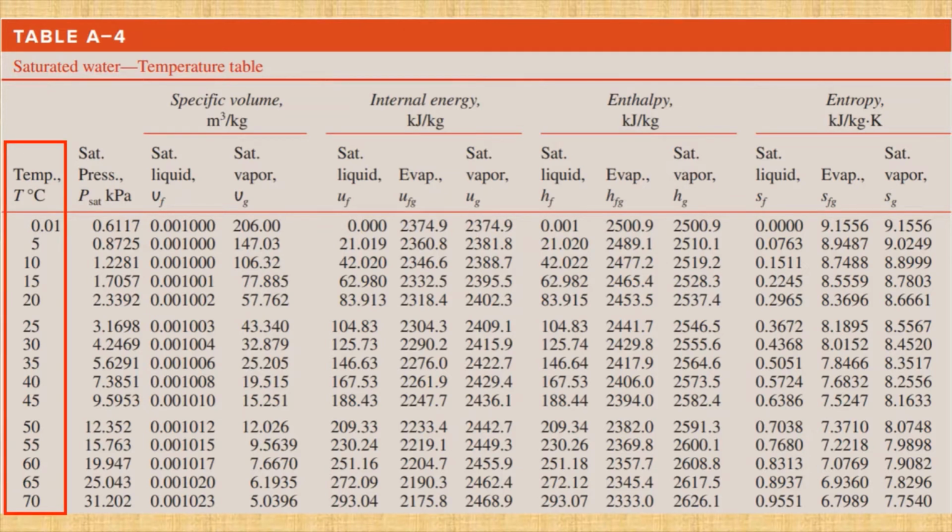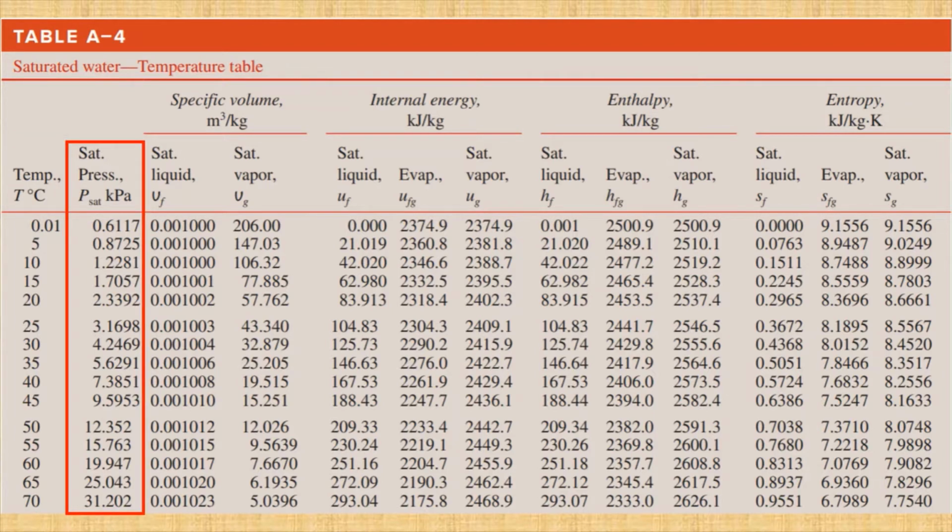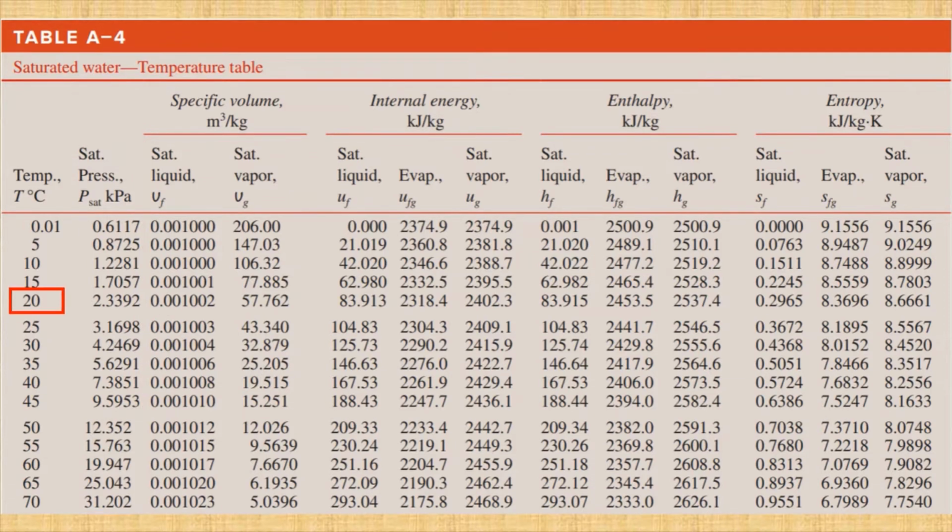Saturation pressure for each temperature is listed in the second column and corresponds to the temperature in the same row. For example, a temperature of 20 degrees Celsius has a saturation pressure of 2.3392 kilopascals.